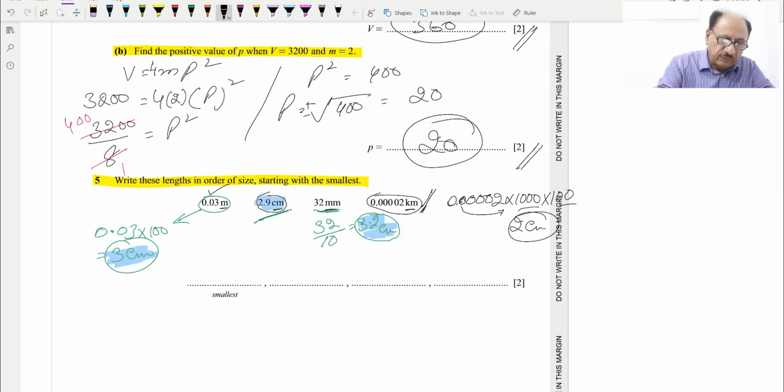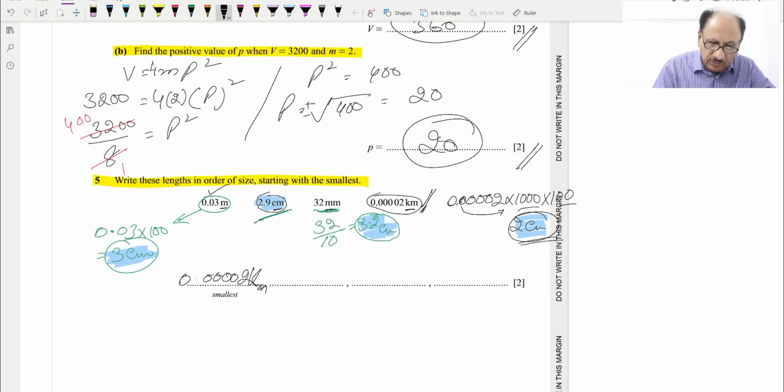Now we have these four numbers to be compared, which is 2 centimeter, 3.2 centimeter, 2.9 centimeter, and 3 centimeters. So the smallest one will be this 2 centimeters, but we will write the original number, which is 0.00002, and this is in kilometers.